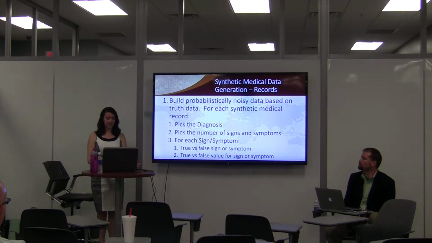And so you have to decide if the sign or symptom is true or false, and then if the value is true or false. So I can tell you that the pain level is a 7, but is that correct? So this set of data is what we use to train the records and will hopefully mirror what the real world records would look like, so that this system is actually tested against something that works like the real world.